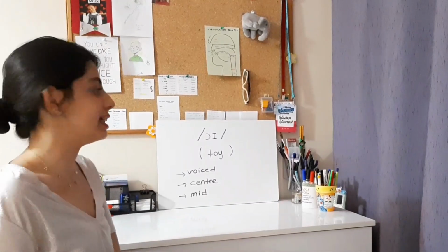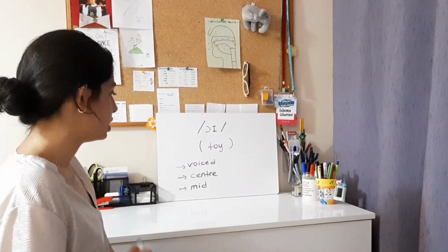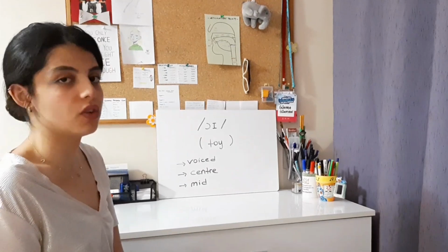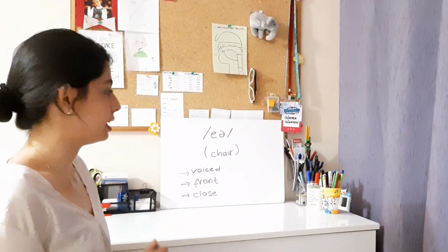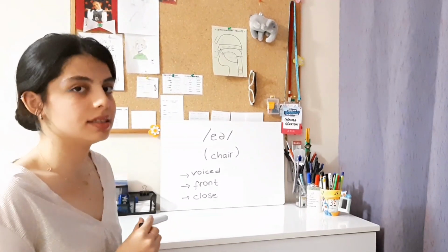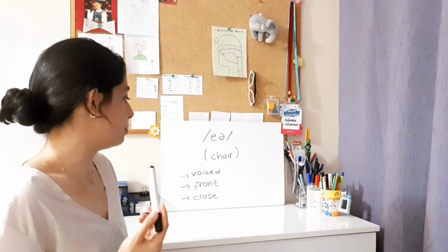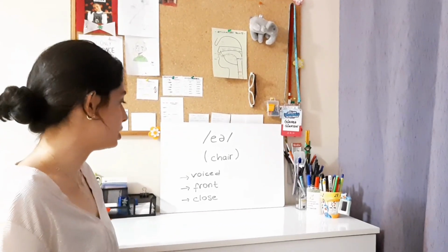Another one is oi, as in toy. It's voiced, its place of articulation is center, and its manner of articulation is mid. Our last diphthong is ea, as in chair. It's voiced, its place of articulation is front, and its manner of articulation is close.